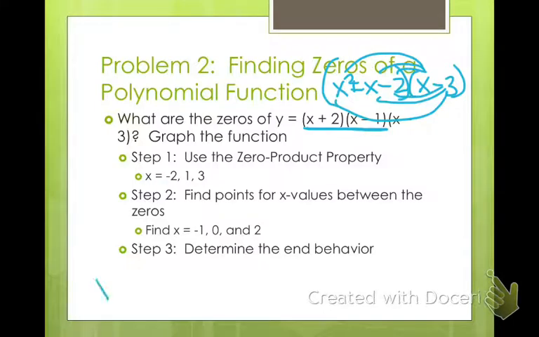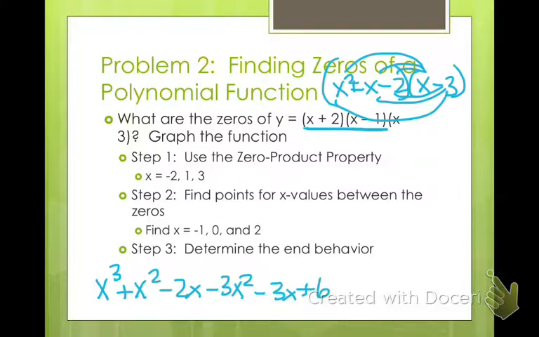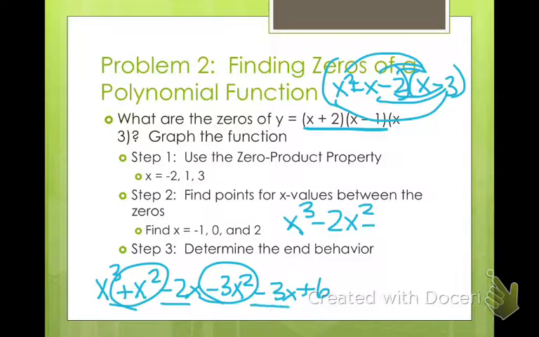Okay, so I have x cubed plus x squared minus 2x minus 3x squared minus 3x plus 6. Combine my like terms: I have x squared and negative 3x squared. So I have x cubed minus 2x squared minus 5x plus 6. So my zeros are x equals negative 2, 1, and 3.